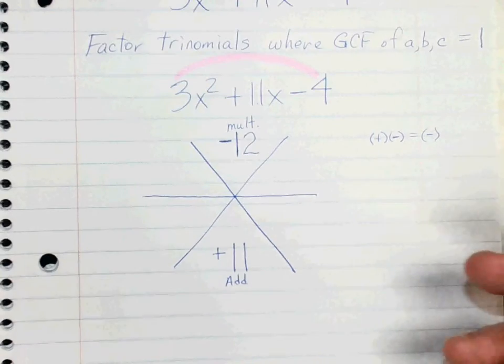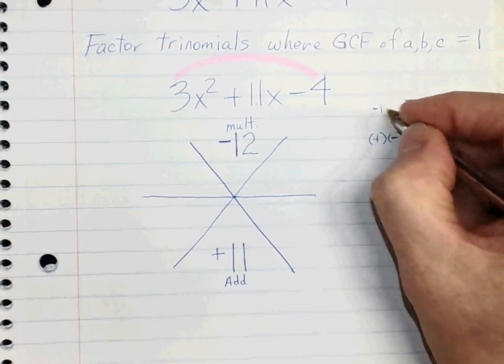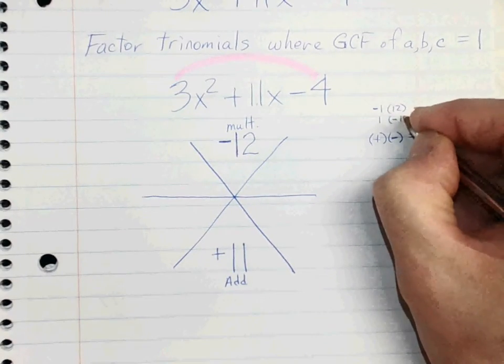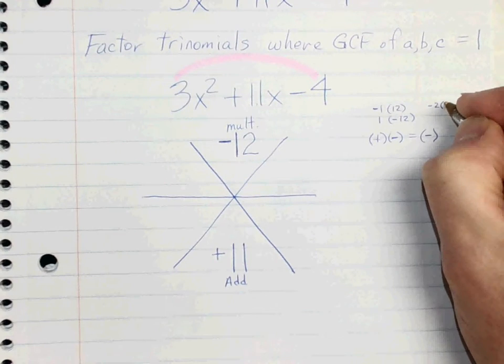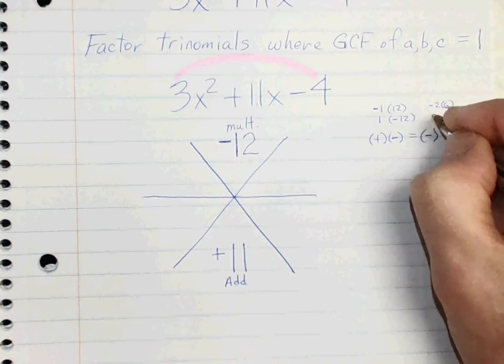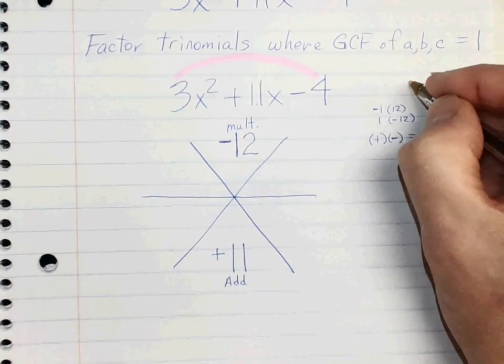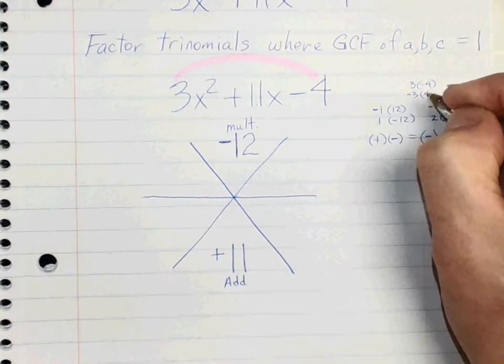So what are some of the ways that I can multiply to negative 12? Well, I can do negative 1 times 12. I could do a positive 1 times a negative 12. I could do a negative 2 times 6, or I could do a positive 2 times a negative 6. I could also do 3 times a negative 4, or negative 3 times a positive 4.